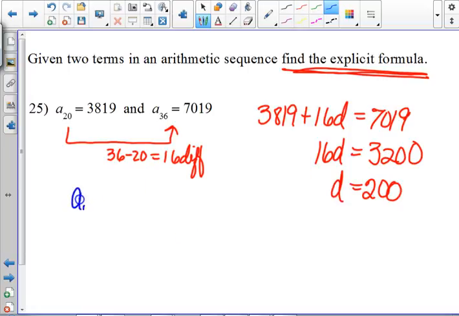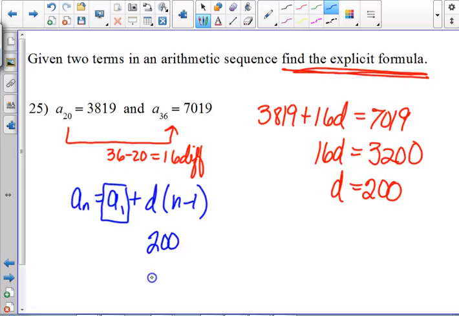I'm just going to write this down for a second to help you think. I want to find the first term. Well, this is 200, right? If I have the 20th term, how many differences were added on?